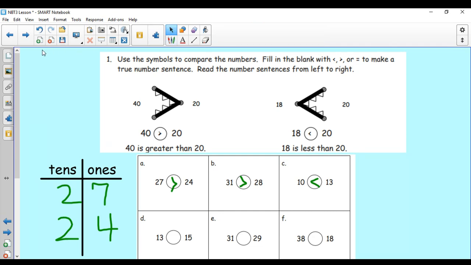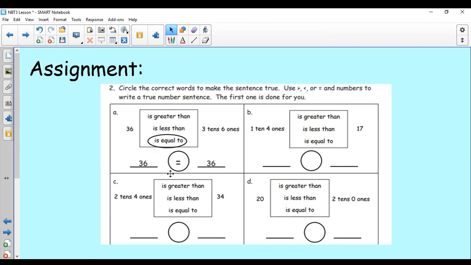Okay. Now I want to explain your assignment that you will do on your paper. So you have a page that will look like this, and you're going to circle the correct phrase to make the sentence true. And then you will actually draw out the symbol greater than, less than, or equal to, and write in the numbers to create a true number sentence. So the first one is done for you, so we're going to look at it together.